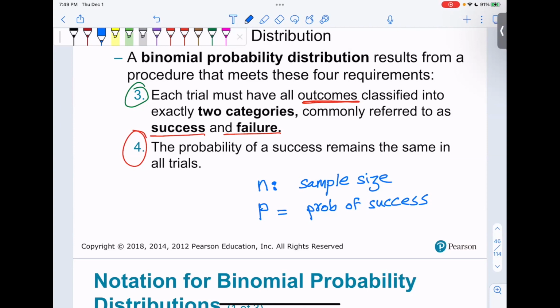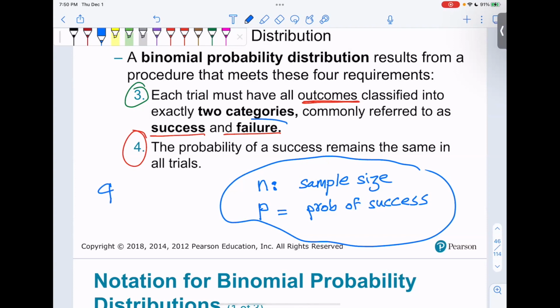Okay, so those two here, we can call them the parameters of the binomial distribution. The most important values are P, the probability of success, and Q, the probability of failure, and P plus Q must be equal to 1.